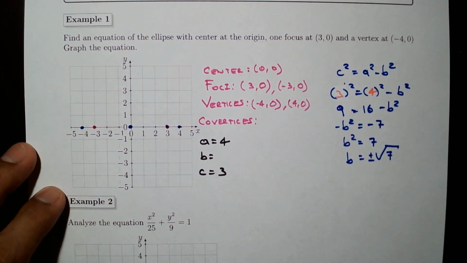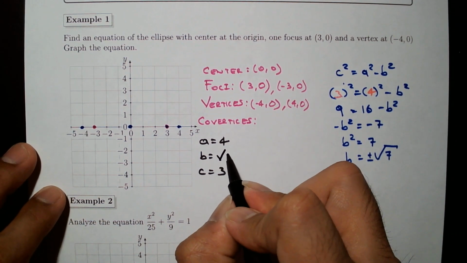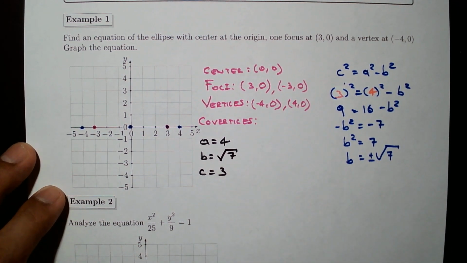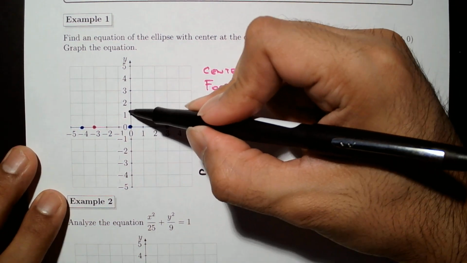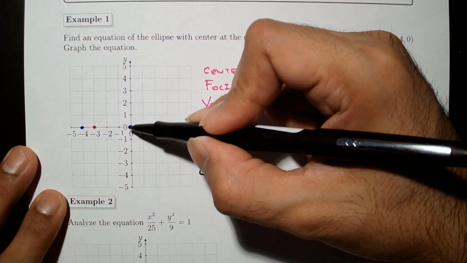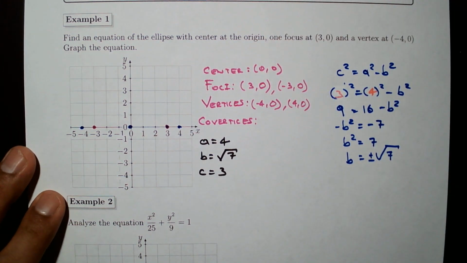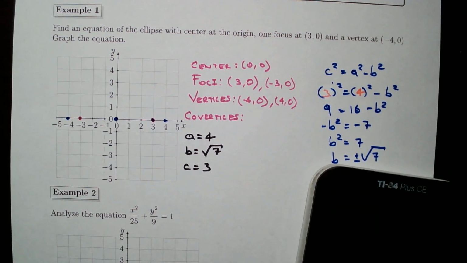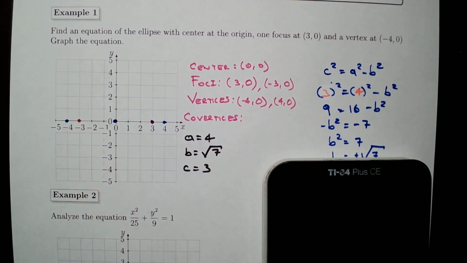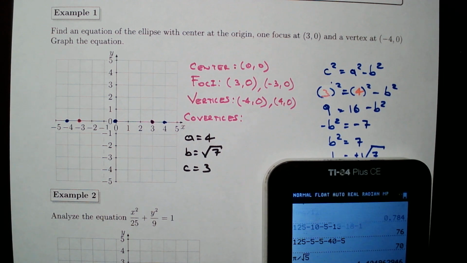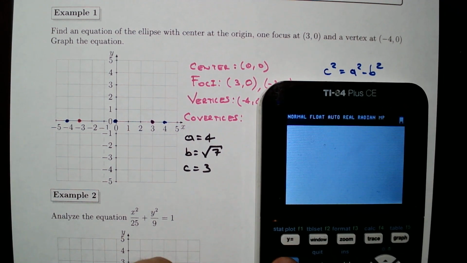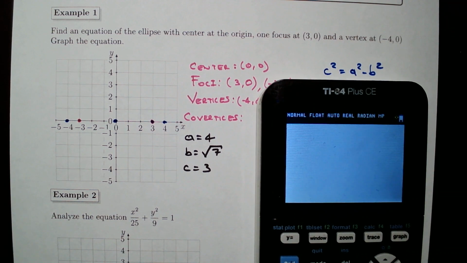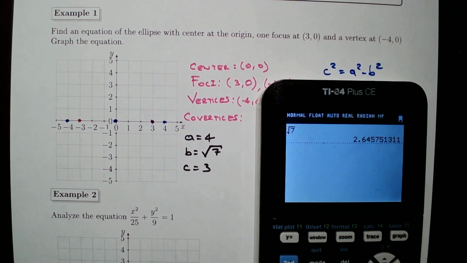So this is going to go here, the square root of 7. That means we are going to move up square root of 7 units and down square root of 7 units, which will be approximately, well, using a graphing calculator. Let's go ahead and do it. Let's see, square root of 7, that's 2.65.